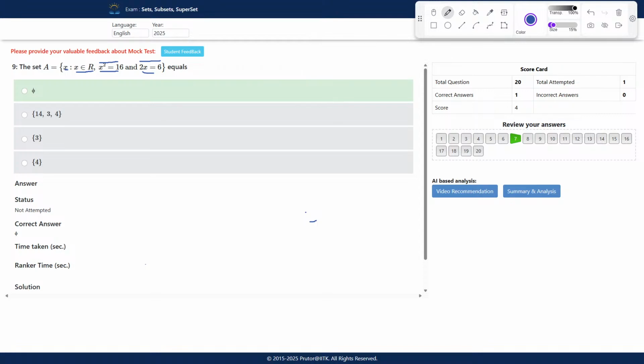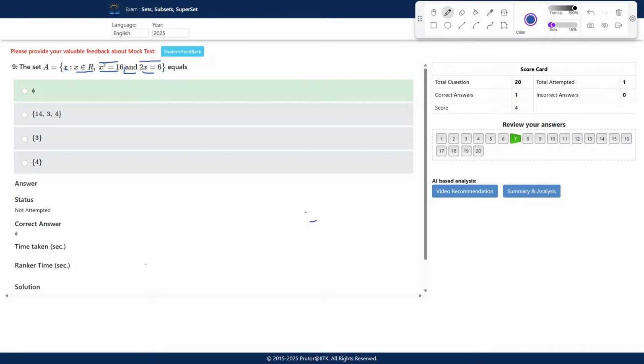And you are not getting any x which satisfies both of the equations. We want both of the equations to be satisfied. Here we are using the word and. Please observe carefully.